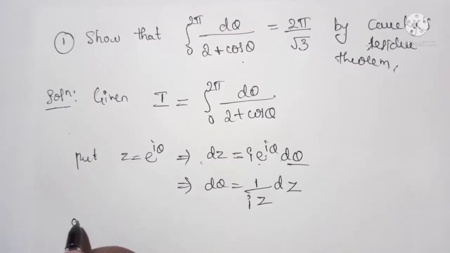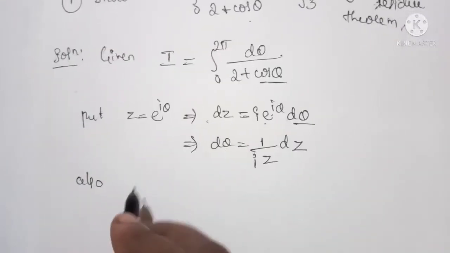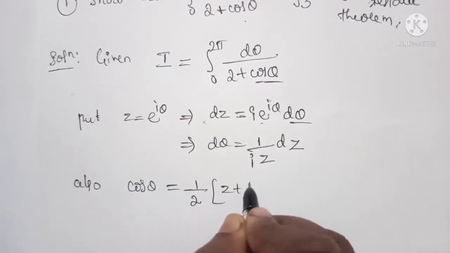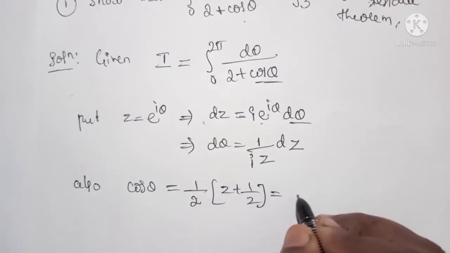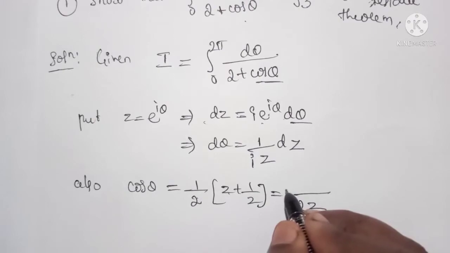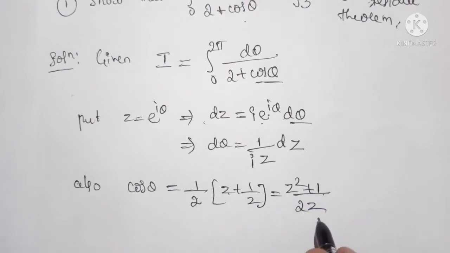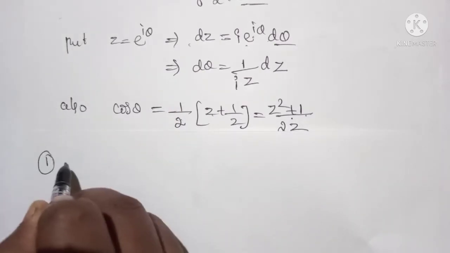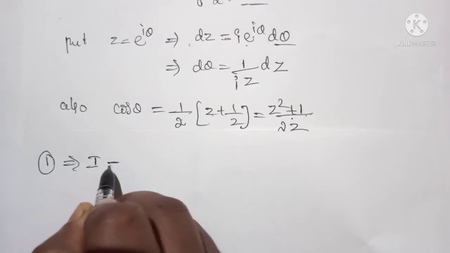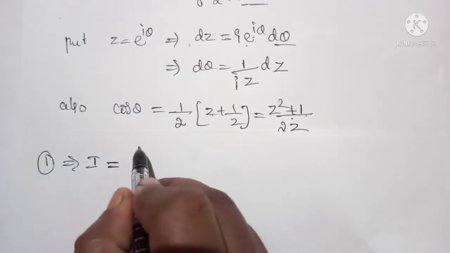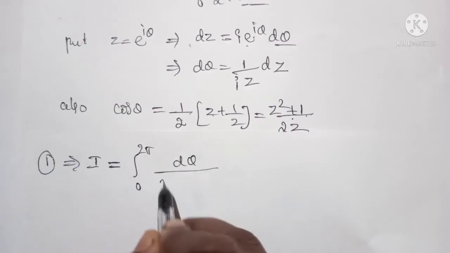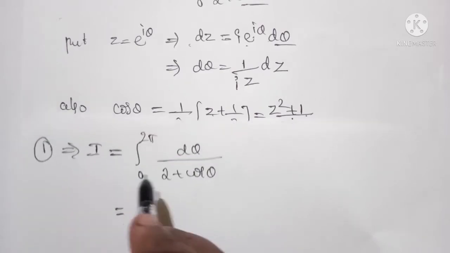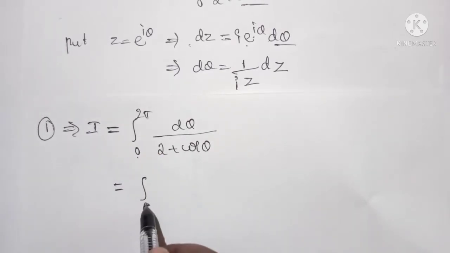Also, here cos theta is given, so we substitute cos theta equals 1 by 2 times z plus 1 by z, or taking the LCM, z square plus 1 divided by 2z. Now substituting these values into the given integral, we get I equals integral 0 to 2 pi d theta divided by 2 plus cos theta, which equals integral over c, where 0 to 2 pi is replaced by c.